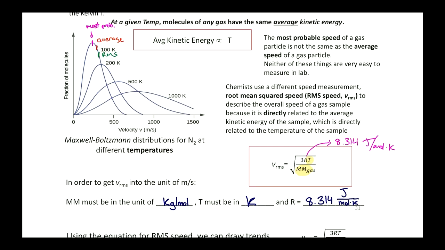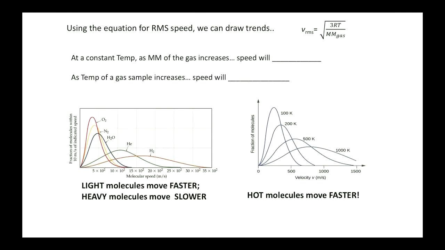All right, so from this equation, we can actually get a couple trends. So this is our root mean squared speed. This is how we compare different speeds of gas samples. Think about how this equation changes if we increase the temperature or change the molar mass of our sample. Think about how mathematically the number changes as we change these things.